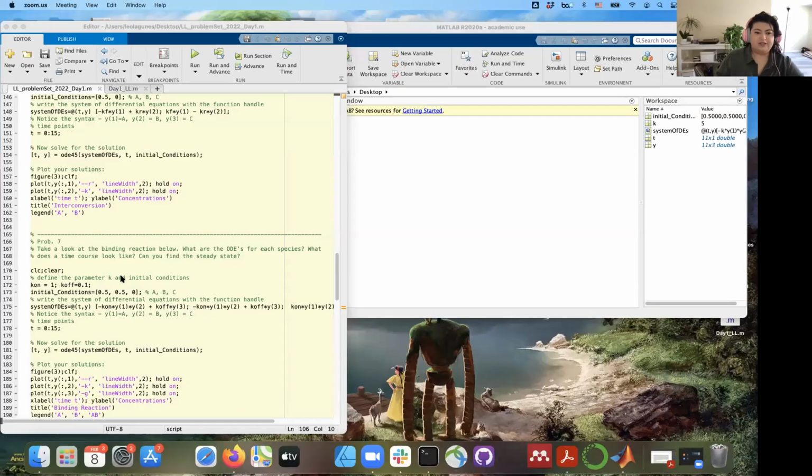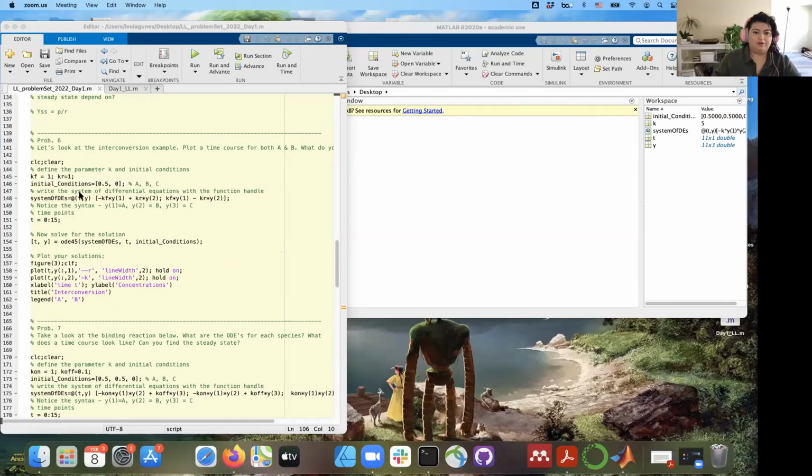Let me pause for a second. Okay, let me show you what my solution looked like. We're looking at the interconversion example, and here we have KF and KR, which I made the same, with initial conditions where we only start with A and no B. Here's our system of ODEs, time vector, solution, and then we can go ahead and plot.